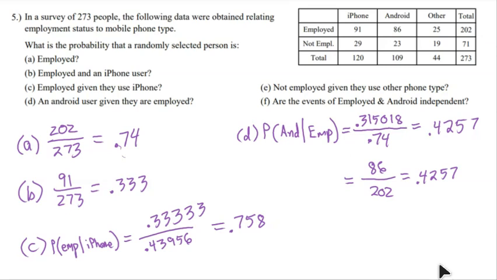So let's look at this one down here, 0.758. I can show you that it's going to work the same. It's a little faster.